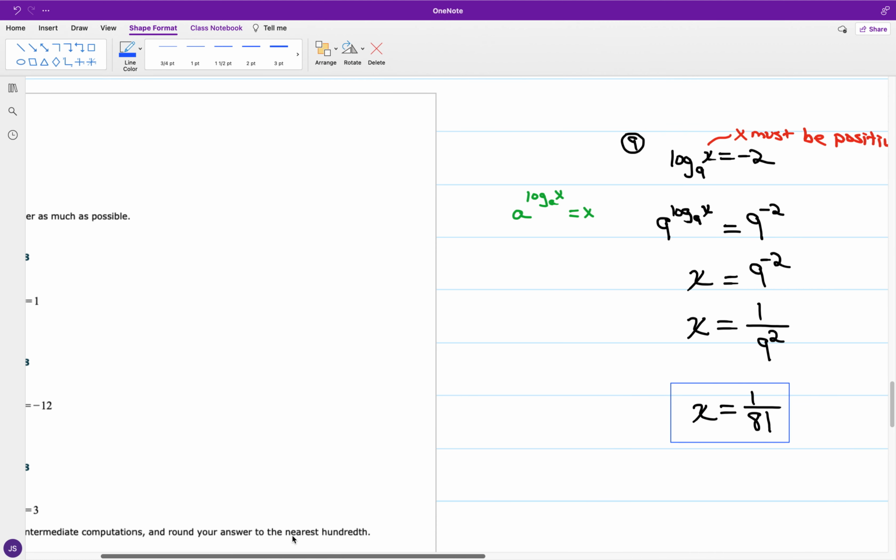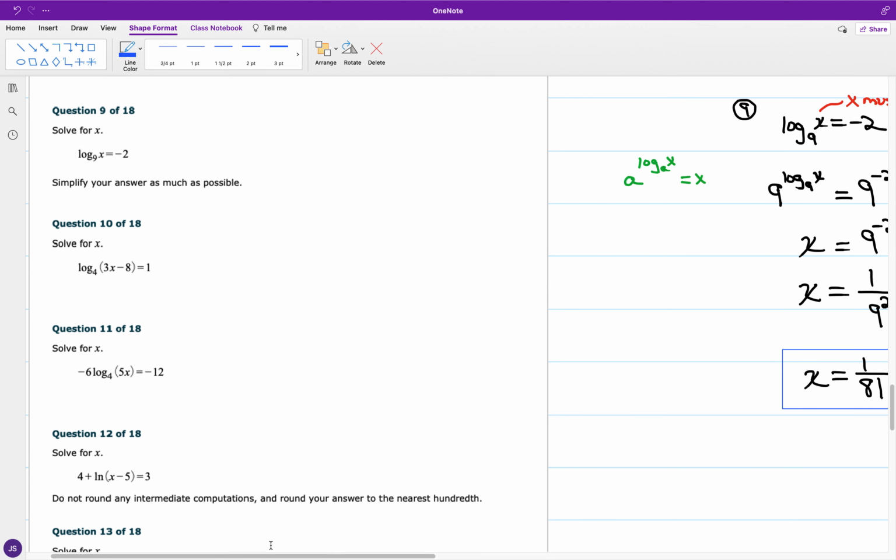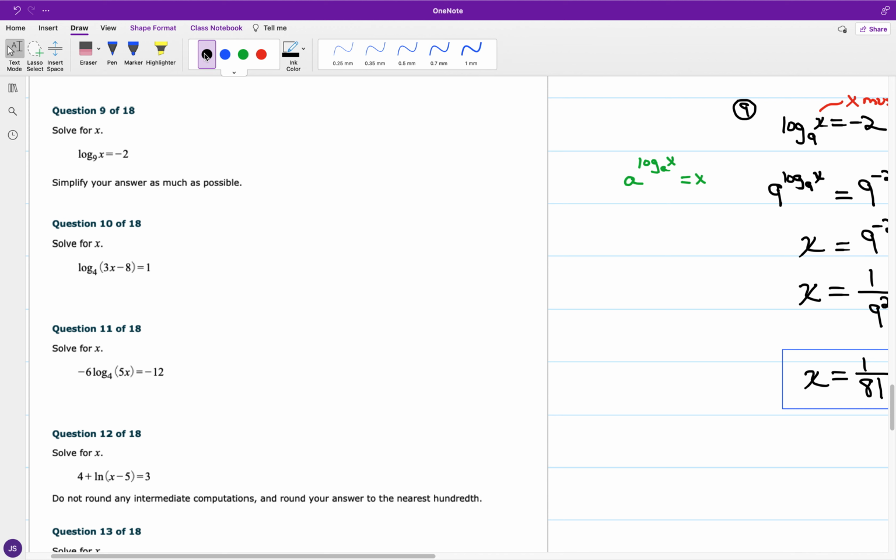Now with logarithmic terms, we have number 11. Now we've got negative 6 times the base 4 logarithm of 5x is equal to negative 12.